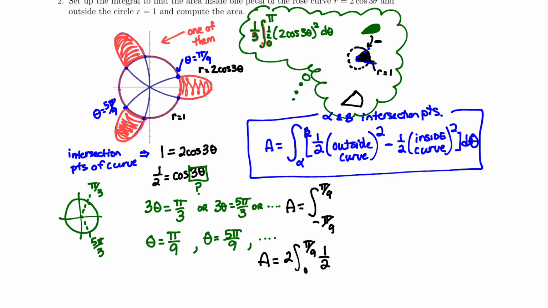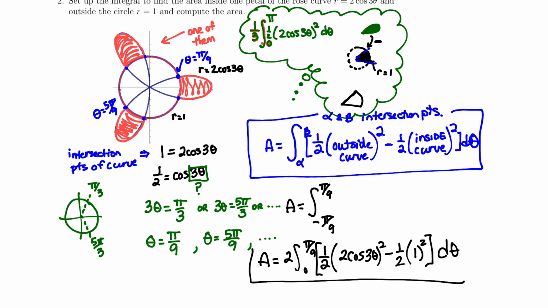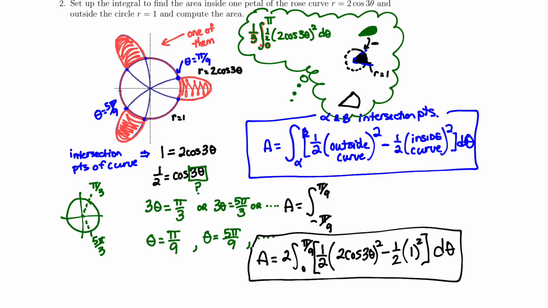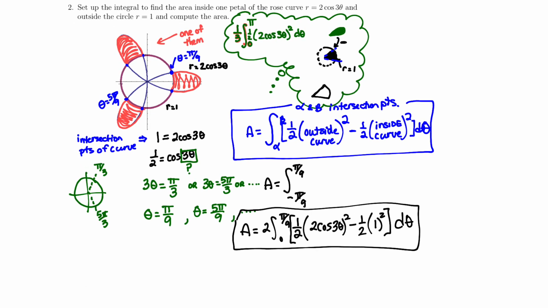We're going to have a 1/2 times the outside curve squared, 2 cos 3 theta squared, minus 1/2 times the inside curve squared, 1 squared. That will give us the integral, or the area shown, between the curve r equal 2 cos 3 theta and that circle.